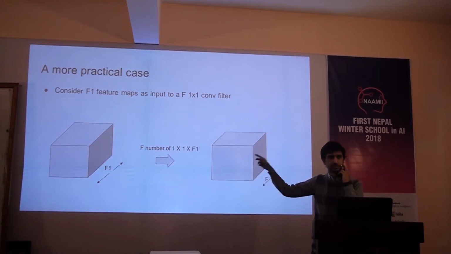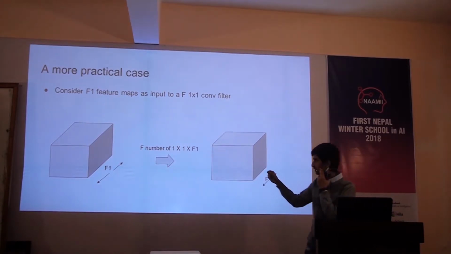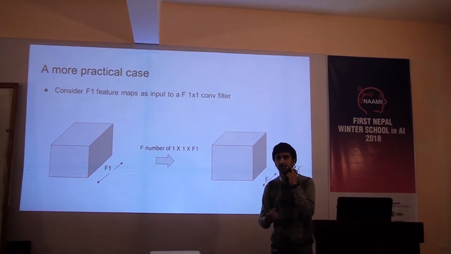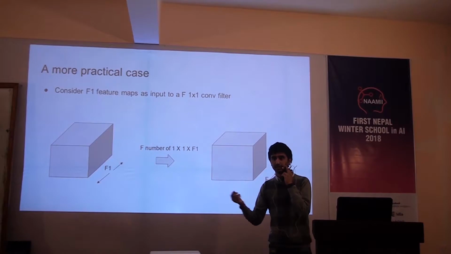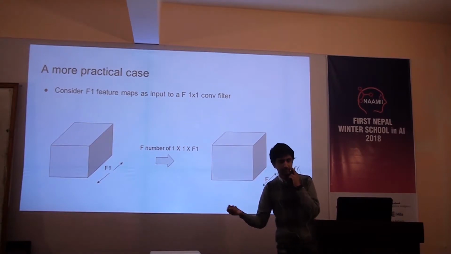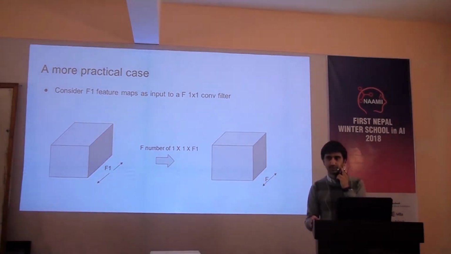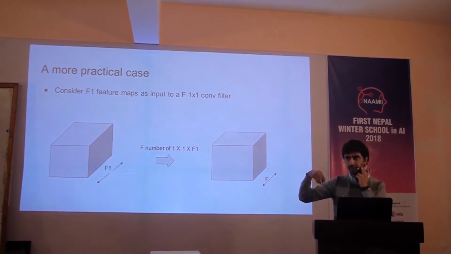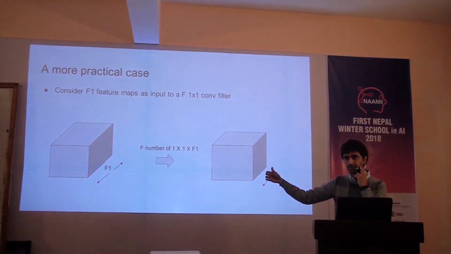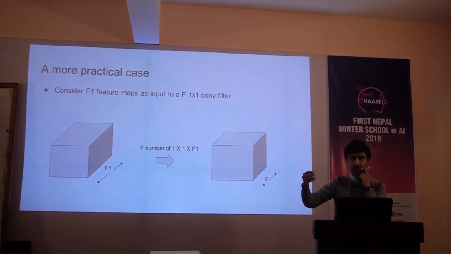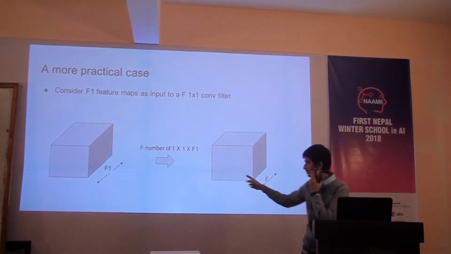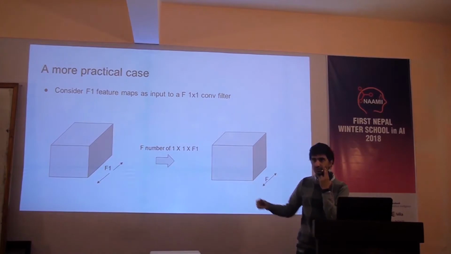It would just be an averaging operation. But the F filters need not be the same, right? Each filter will have individual weights. And this is exactly what is a multilayer perceptron. When you're doing perceptrons, it was a linear operation, right? On the input, you multiply the vector by another weight vector. So this F vector is a weight vector now.